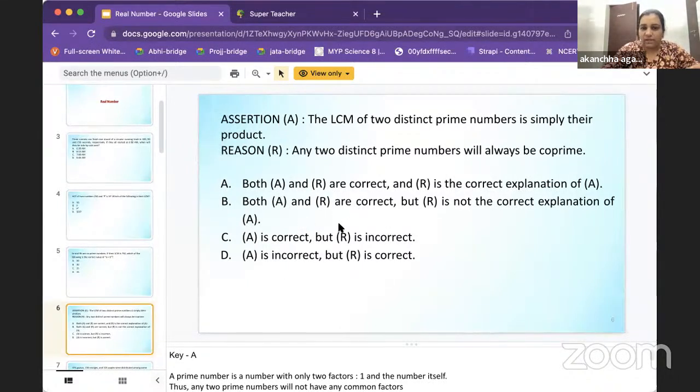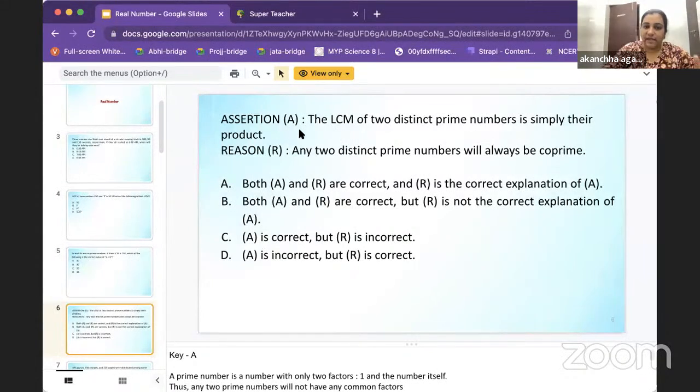For the first option, you have to check if both the statements are correct and the reason given is a correct explanation of the first statement, that is the assertion. Second, both statements are correct, but the reason is not the correct explanation of the assertion.